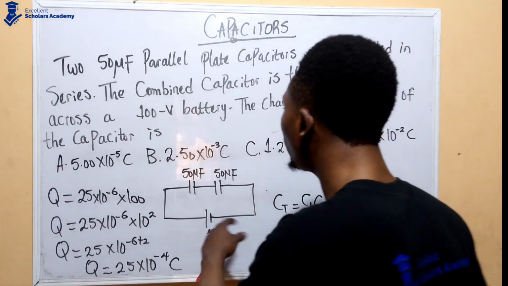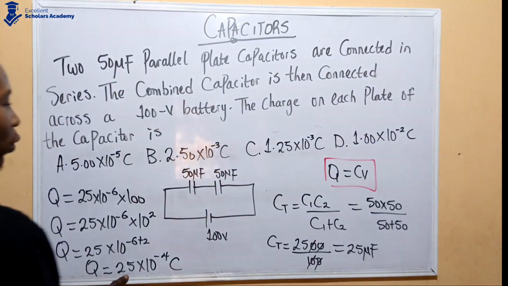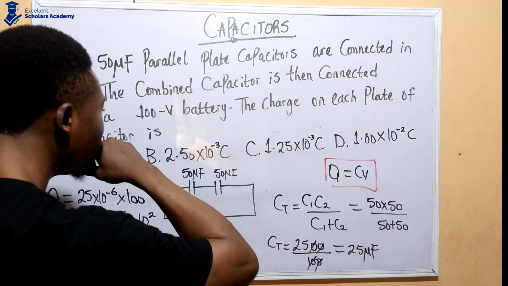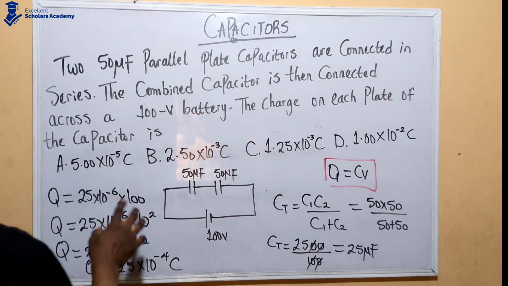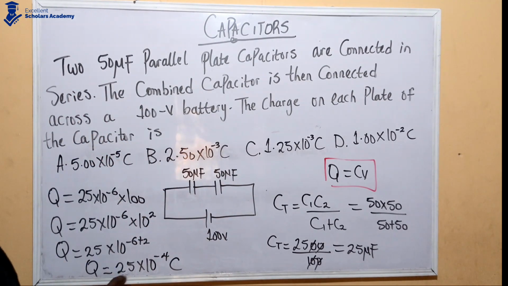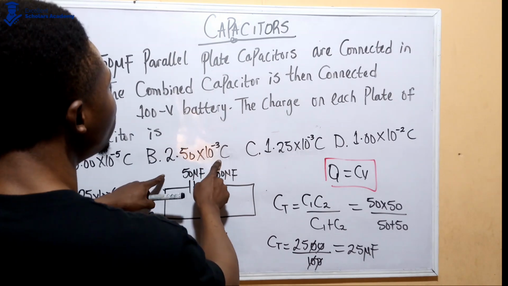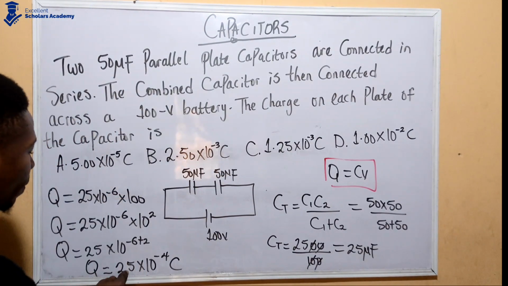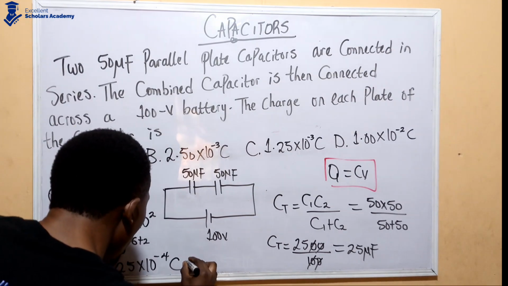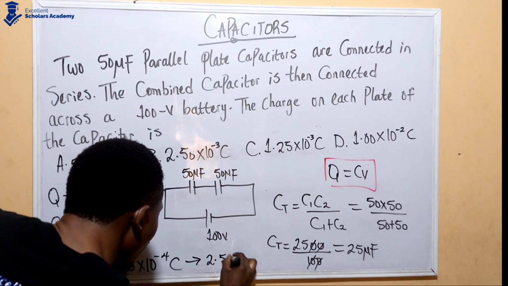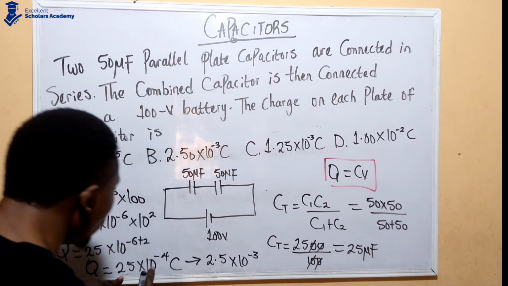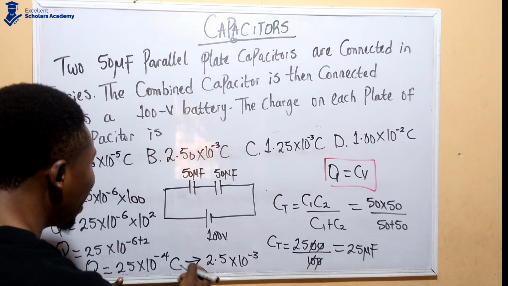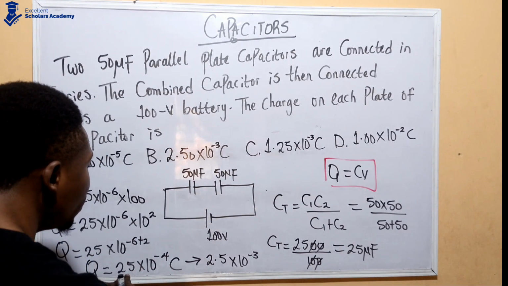Now, is any of our answer in this? We don't actually have it in our options, but we have something close to this. This is 25. This is 2.5 times 10 to the power of minus 3. If I put a point between 2 and 5, this becomes 2.5 times 10 to the power of minus 3. It's like I'm adding 1 and then this point shifts here.